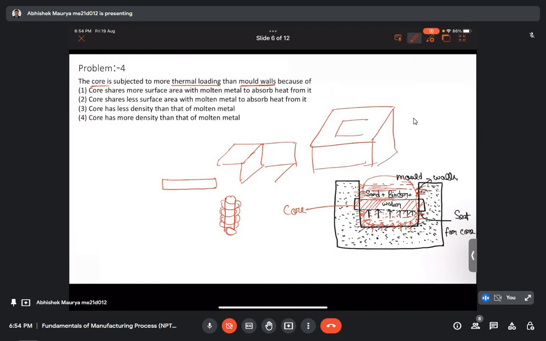Suppose the molten metal is poured here. Now if we take this right wall, this is the right wall of the mold. Now this right wall comes into contact with the molten metal on only one side.